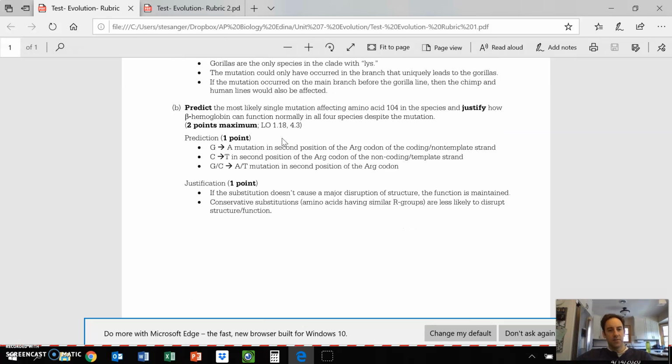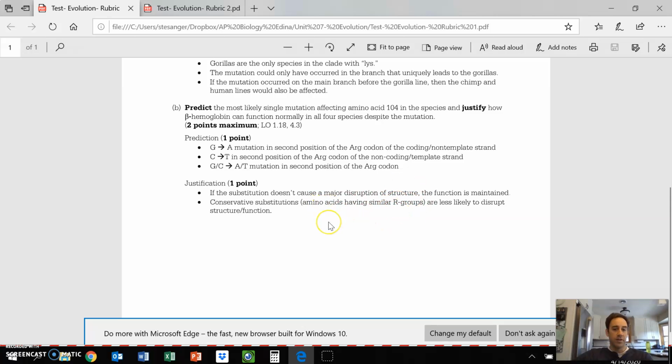And so the question is asking, well, why doesn't that cause a problem? And the answer is, this is one amino acid of many, many, many amino acids in this protein. And in this case, apparently, that single change is not enough to affect the functioning of this protein. And so, it says here, there's a lot of amino acids with similar R groups.